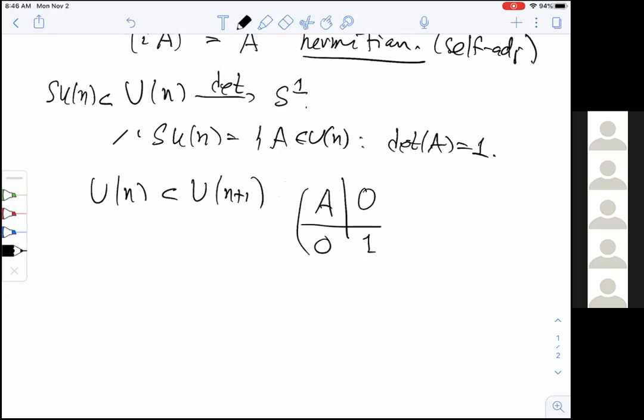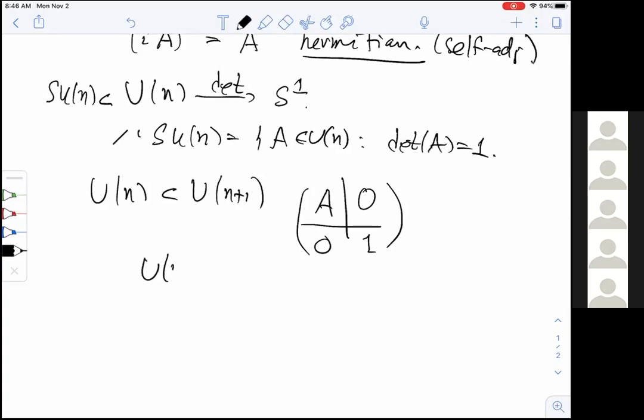If A is a matrix in U(n) and you extend it to an n+1 by n+1 matrix in this way, you get a matrix in U(n+1). That's a group homomorphism, which embeds U(n) as a sub-Lie group of U(n+1).